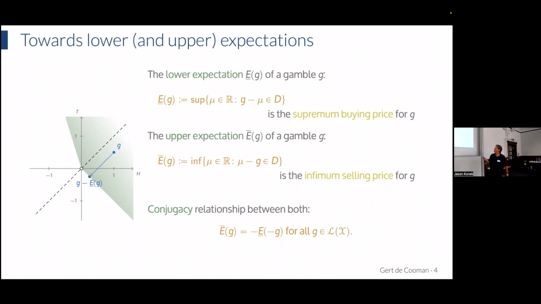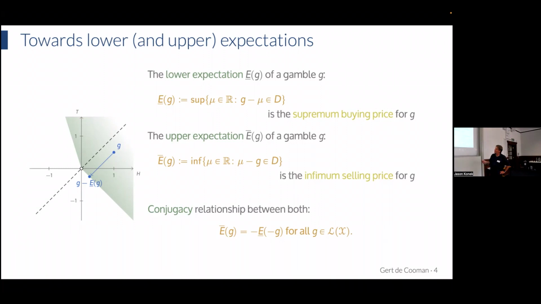Okay, so let's look at what these transactions look like. So I have this set of desirable gambles here in 2 dimensions. Let's say heads and tails. I have the gamble G, and then G minus mu is just, so I draw this line that is parallel to this line here, and the constant line.